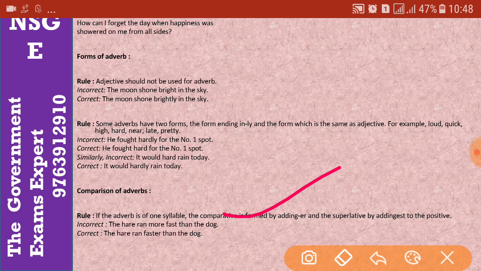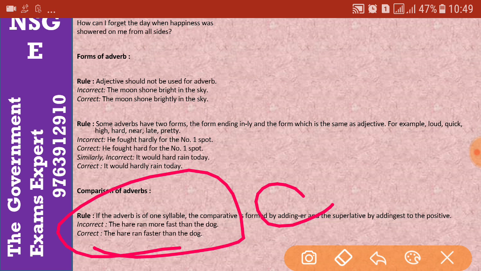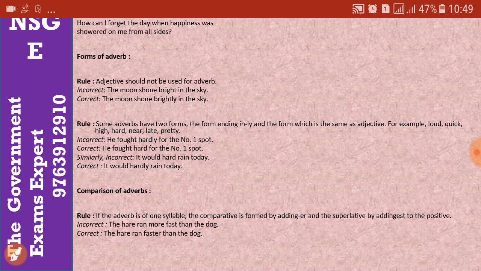That is wrong. Why? We shouldn't use more fast. We have to add er to the word: the hare ran faster than the dog. So this would be the correct statement.